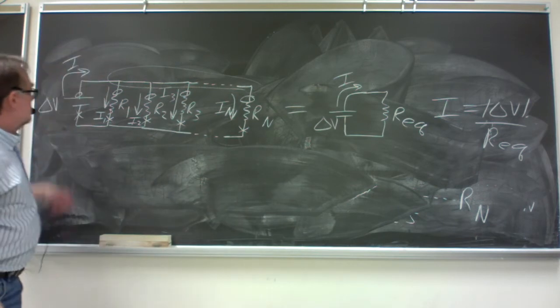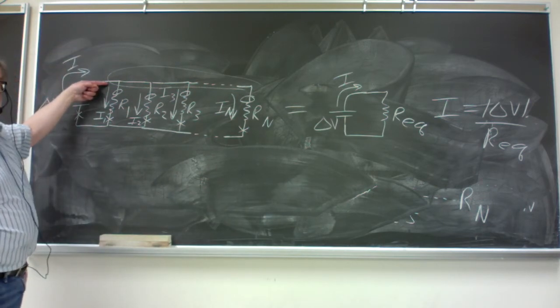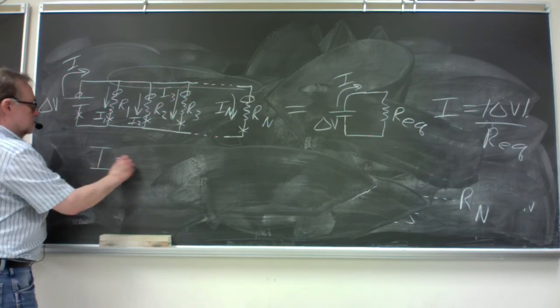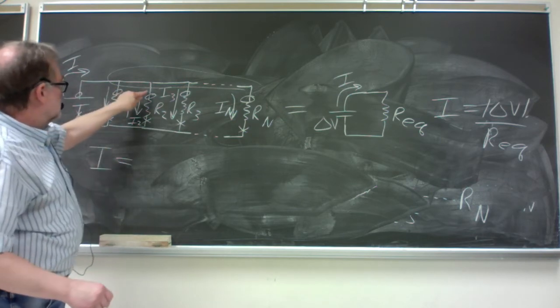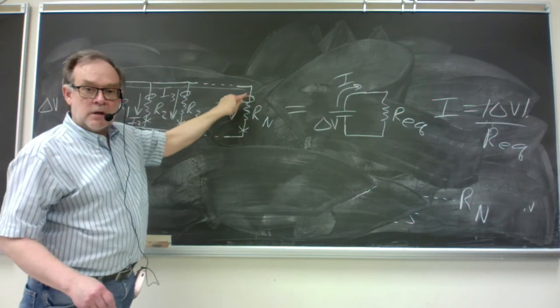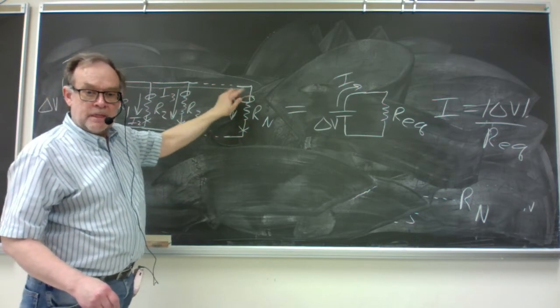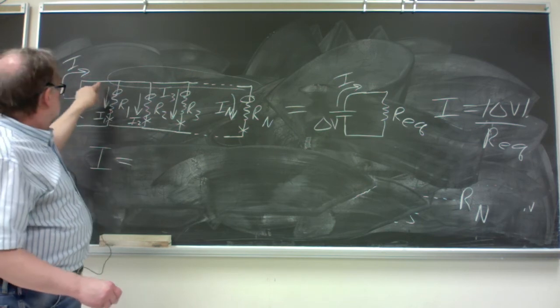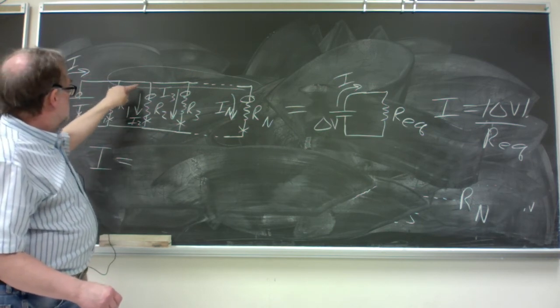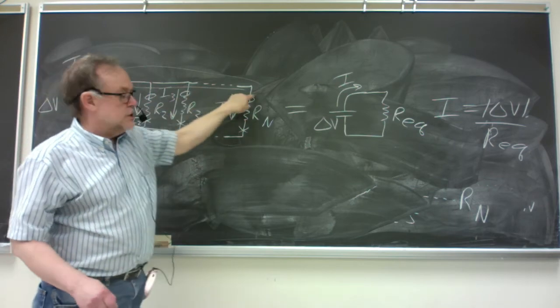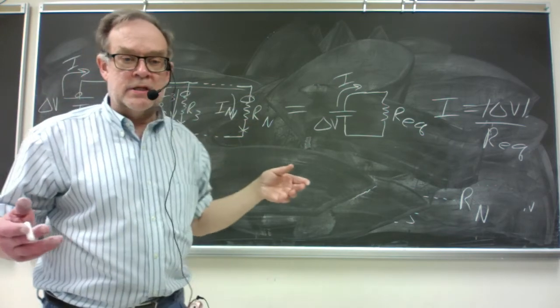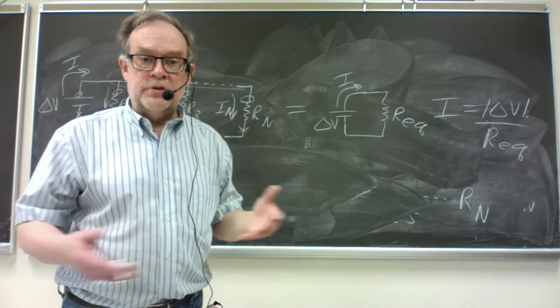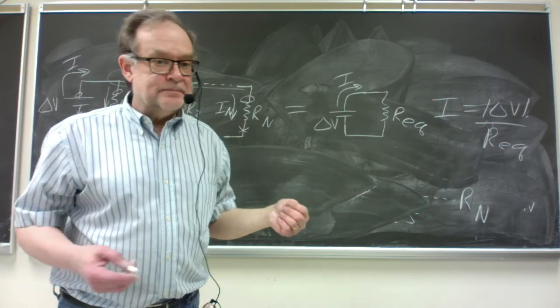Because what do you have? You've got one current, I, coming in, and then all these currents coming out. And there's nothing connecting this point to this point, to this point, to this point, to this point. There's nothing connecting all those points except ideal wire. Everything is at the same potential.